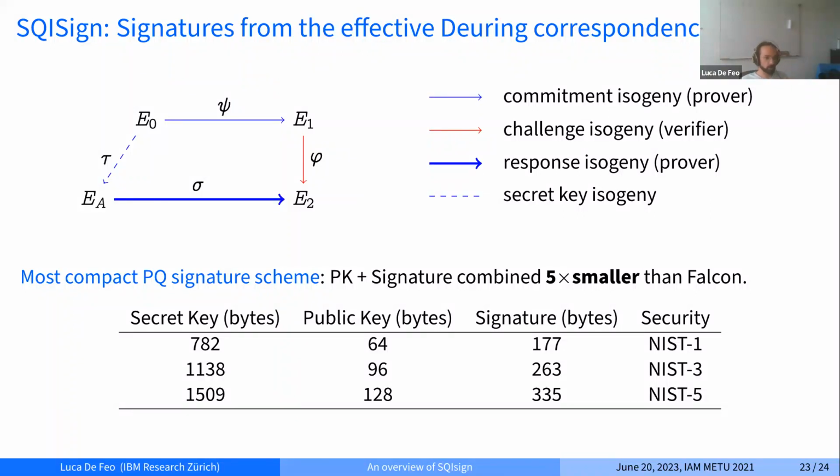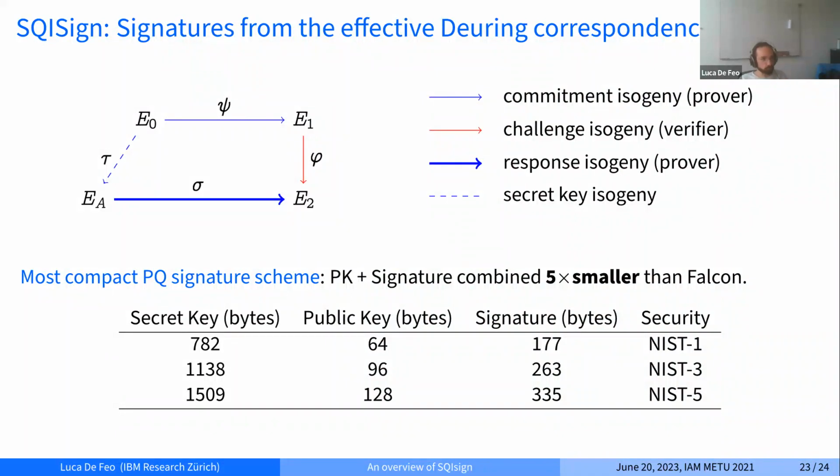This is a quite simple proof that shows that if you see 2 distinct signatures where the curve E1 doesn't change, then you will end up knowing a cycle that passes through the public key EA, and this cycle corresponds to an endomorphism. So you will know an endomorphism of the curve EA, which is not yet as much as knowing the full endomorphism ring, but it's one step towards it. And this is conjectured to already be a hard problem.